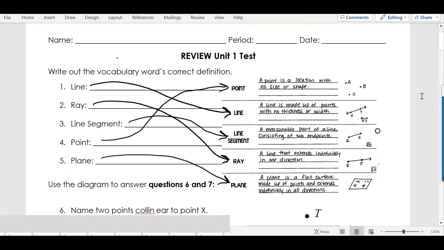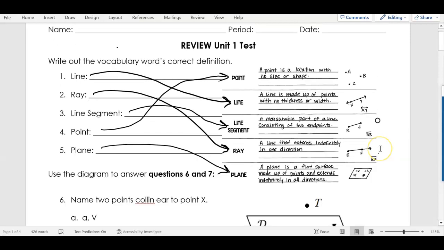Okay, so what is a line? A line is made up of points with no thickness or width, and it goes both directions forever.